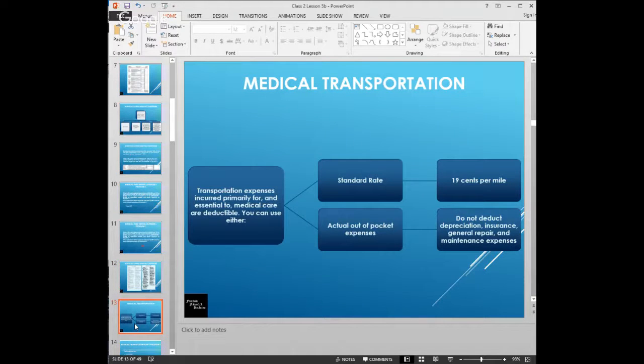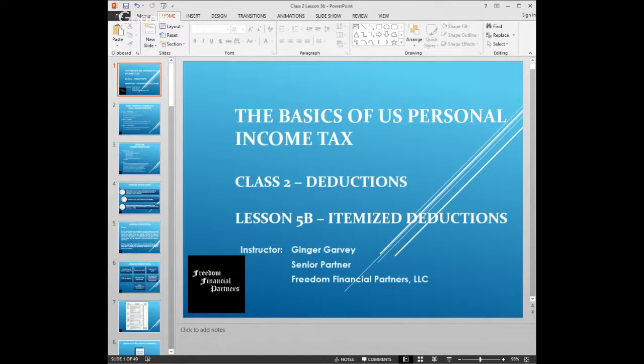Medical transportation, this is what I was talking to you about. With most medical, you can choose either actual out-of-pocket expenses or the standard rate. And I'm going to check this real quick because I think our standard rate may have changed.